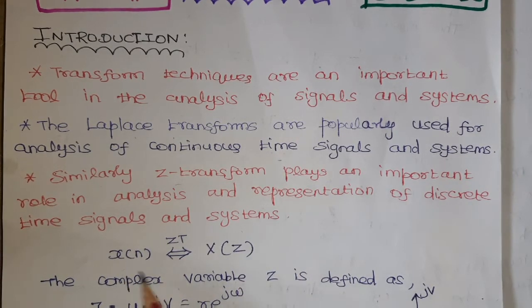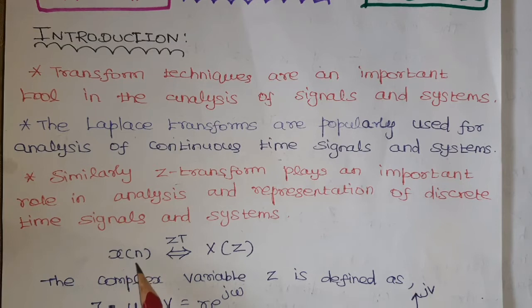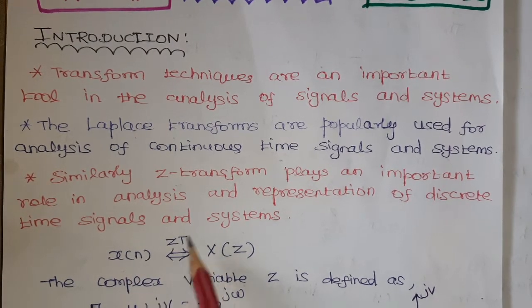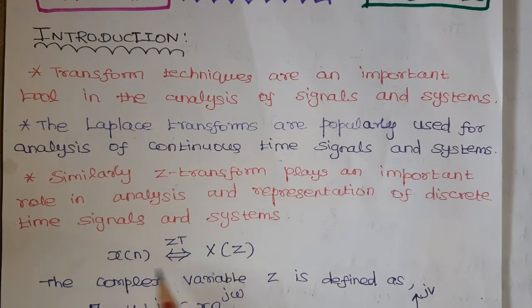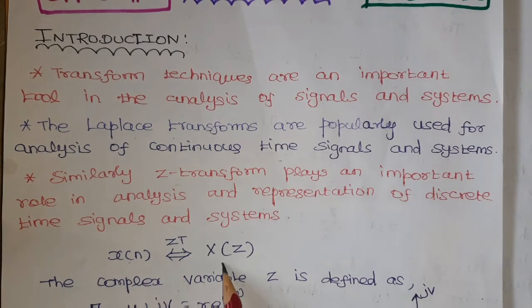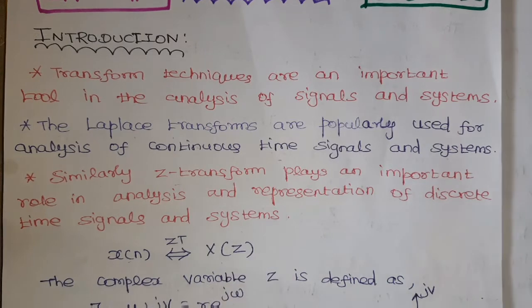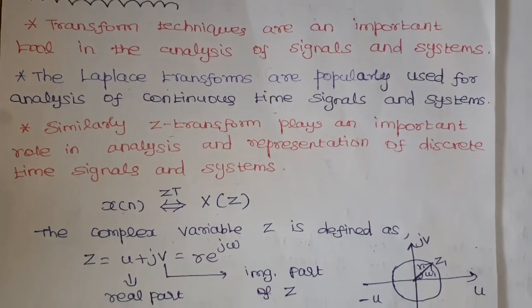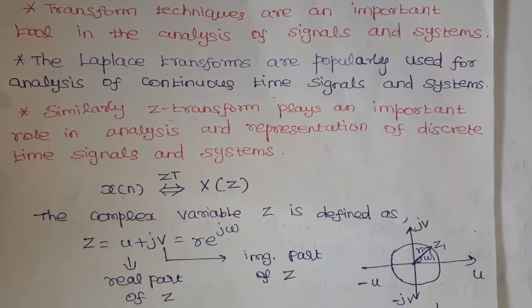What is the Z transform? The Z transform is applied to a discrete time sequence x of n. When we do the Z transform, x of n becomes X of z, where z is a complex variable.